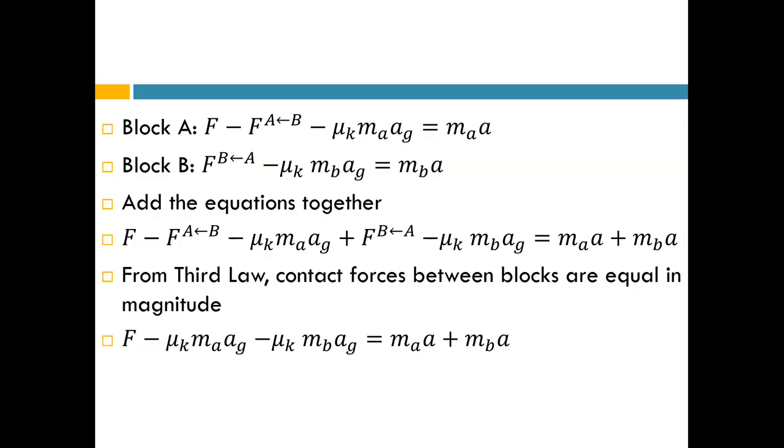So we have for block A and block B solved for the force of A on B and of B on A. We could, but what ends up happening is that because they're in opposite directions, they're going to cancel out anyway. Do you see what I mean? If you look at the top equation, you see that the signs are opposite.